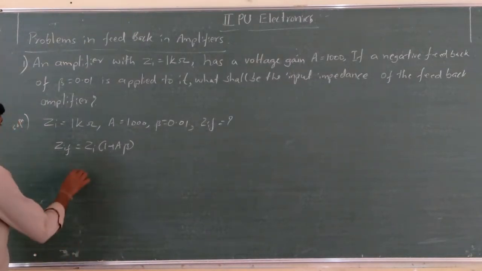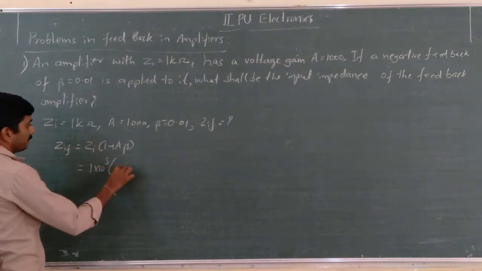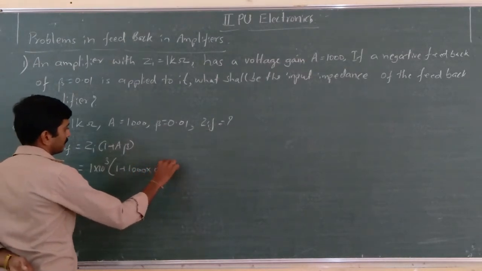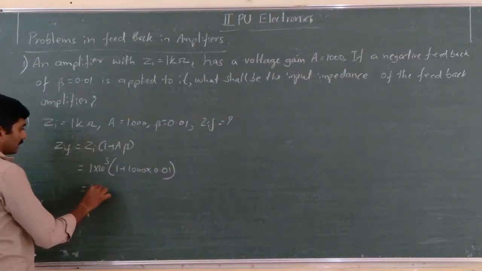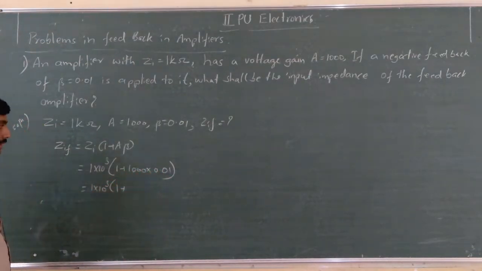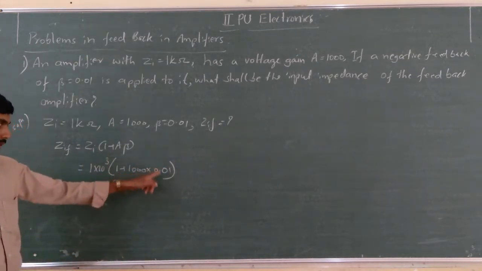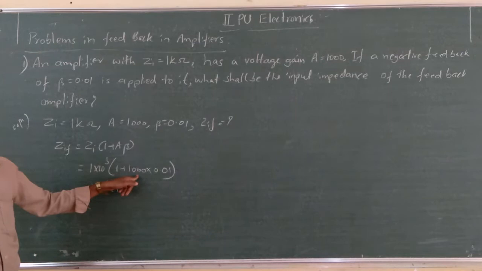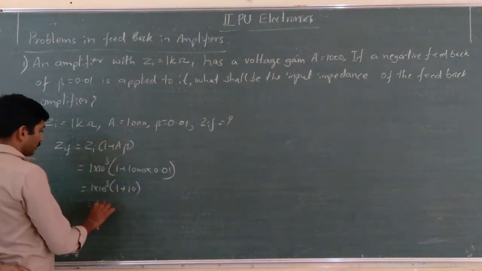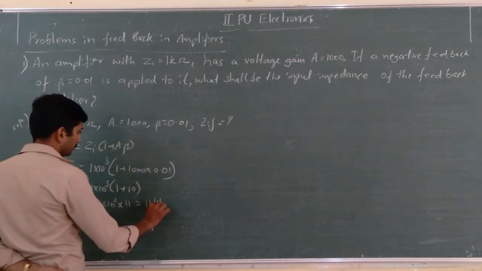Now, Zi is the known value, 1 kilo ohm, multiplied by (1 plus A beta). A is 1000, beta is 0.01, that is 1 by 100, so A beta is 10. So this is 1 kilo ohm into (1 plus 10), equal to 1 kilo ohm into 11, equal to 11 kilo ohm.